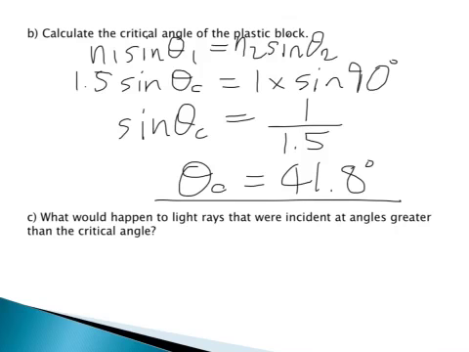Okay, question C, what would happen to light rays that were incident at angles greater than that critical angle? Well, we know from previous work, hopefully, that what you get is total internal reflection.